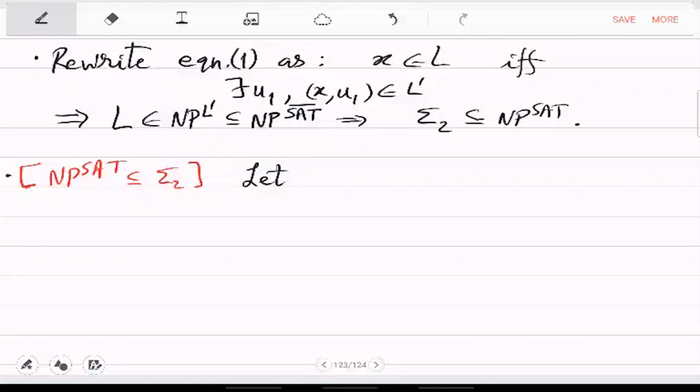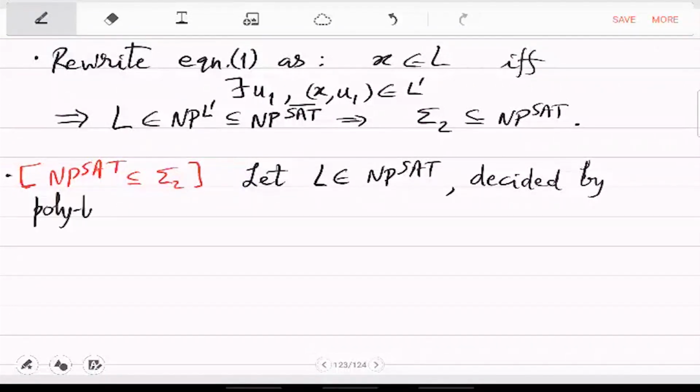Let L be in NP to the SAT, decided by a poly time NDTM N using a SAT oracle.